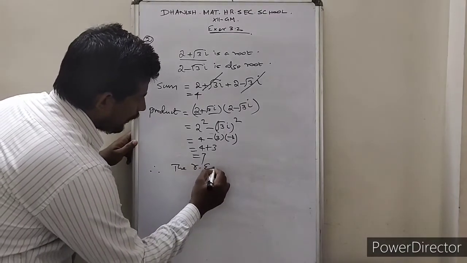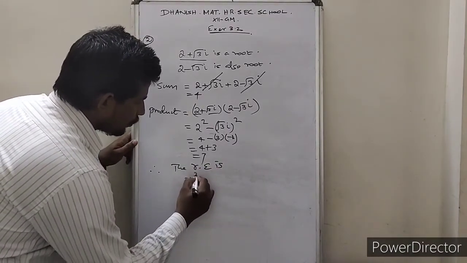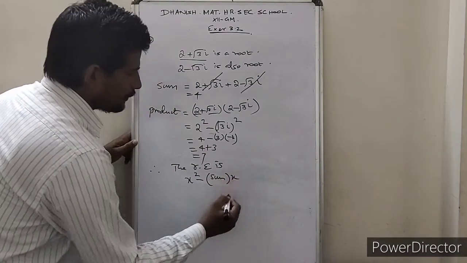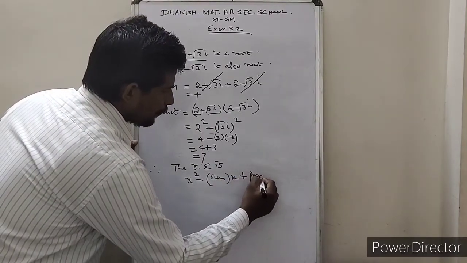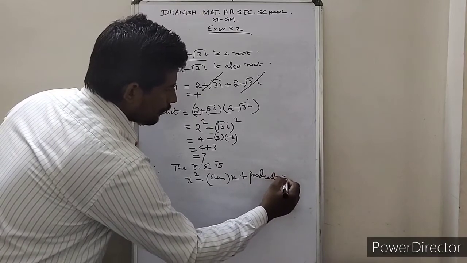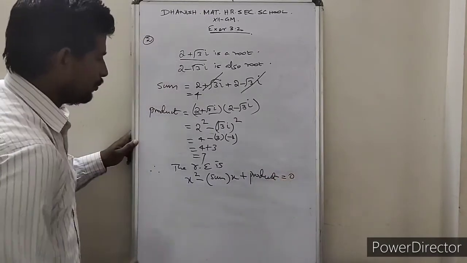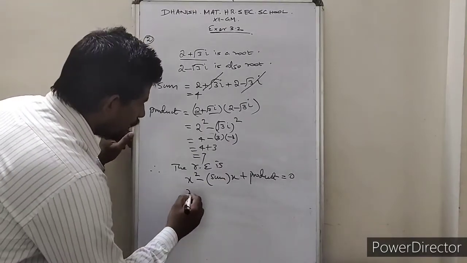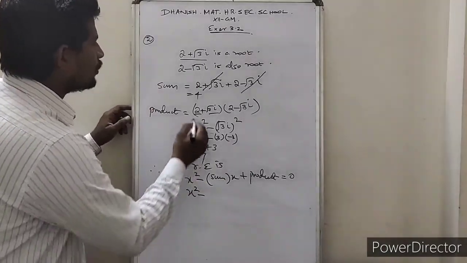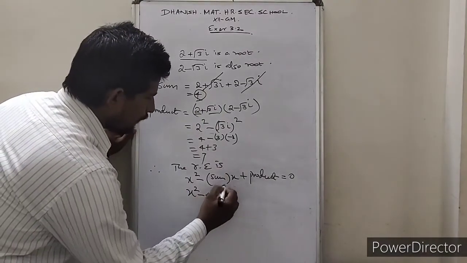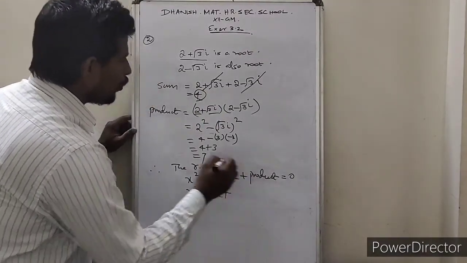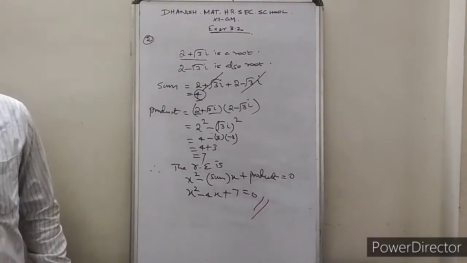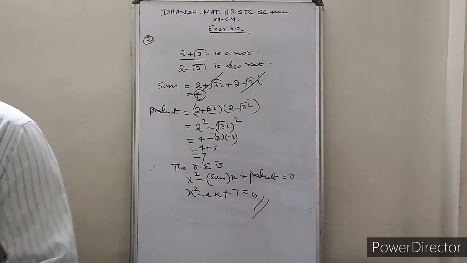The required equation is x square minus sum of roots into x plus product of the roots equal to 0. Now I am going to substitute the sum of the roots and the product of the roots over here. So x square minus sum. What's the sum? 4 into x plus product. What's our product? 7 equal to 0 is the required equation.